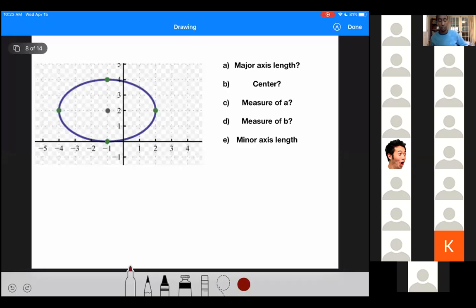Let's start with Jair. Jair, tell us what you got for A, the major axis length. Is it 6? Is that a question or a statement? Yeah, it's six. You're good. From here to here, yeah, that's 6.